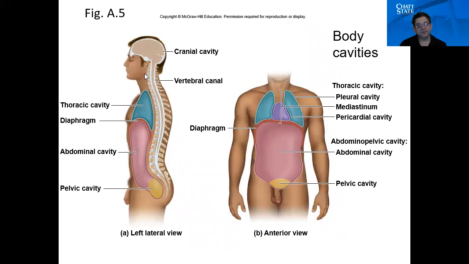For the cavities, we use the division of the spine, giving us ventral cavities here in the front, dorsal cavities here in the back. So thoracic, there's some subdivisions there: pleural for each lung, pericardial for the heart, and then mediastinum above that for the trachea and esophagus. And then all the abdominal organs, of course, in the abdomen region. So we used that worksheet we did in lab where we listed where each organ was placed in these cavities.